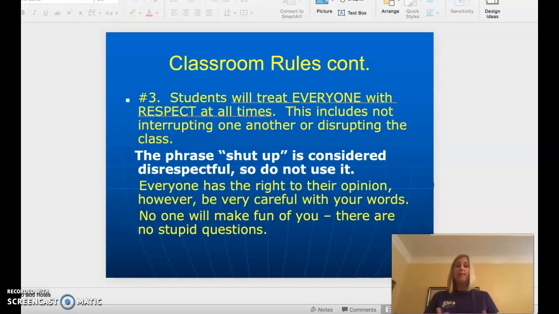We're in a time of uncertainty, so who knows from one day to the next what could be happening as far as us being here in person. So we have to be prepared for anything that could happen. And so that's why it's important for everyone, virtual and non-virtual students, to understand these rules.